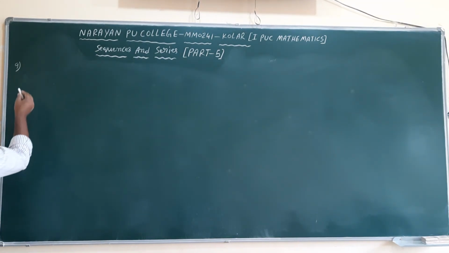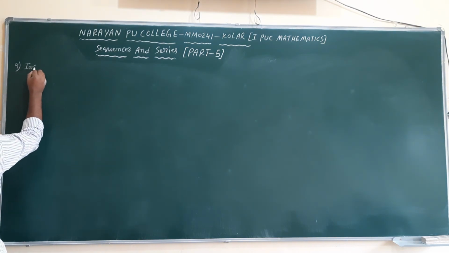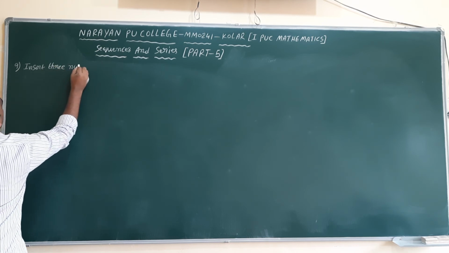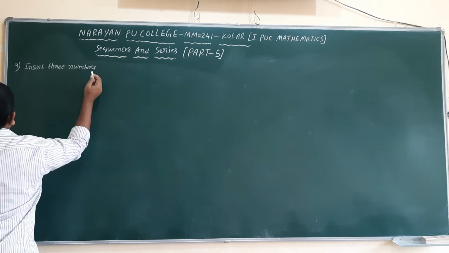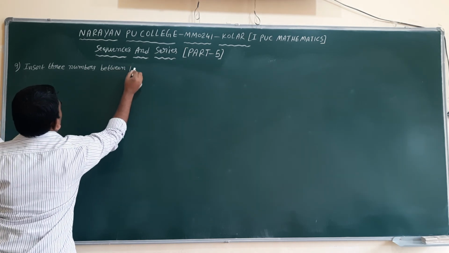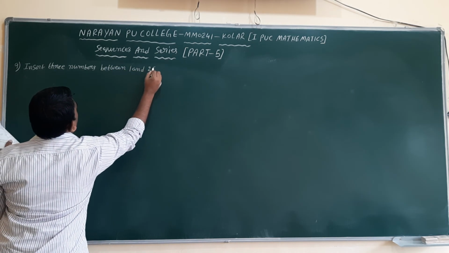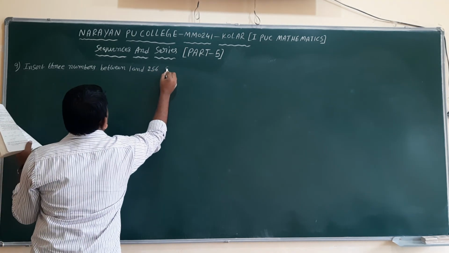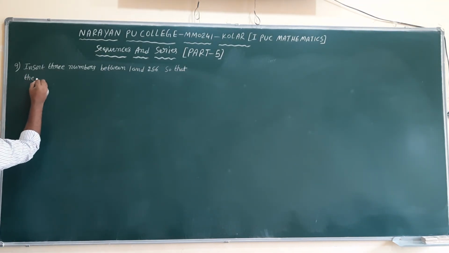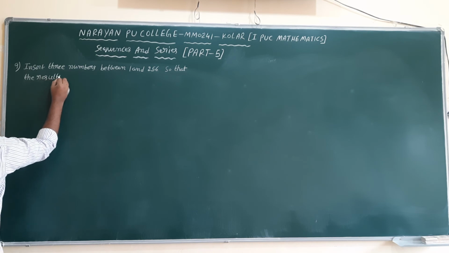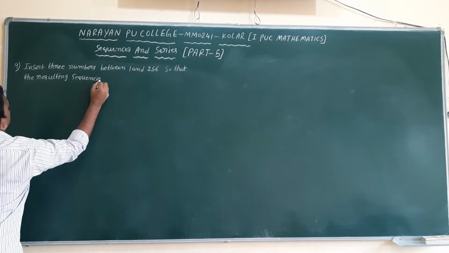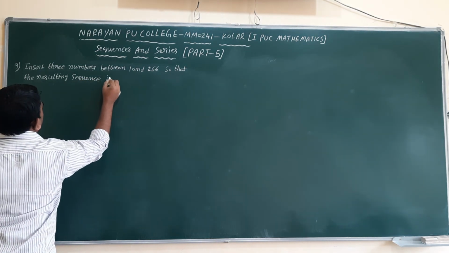So next problem: insert 3 numbers between 1 and 256 so that the resulting sequence is in GP.